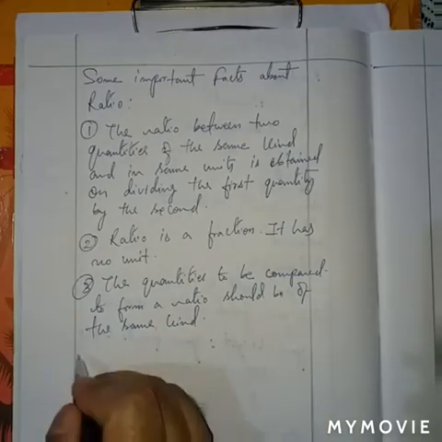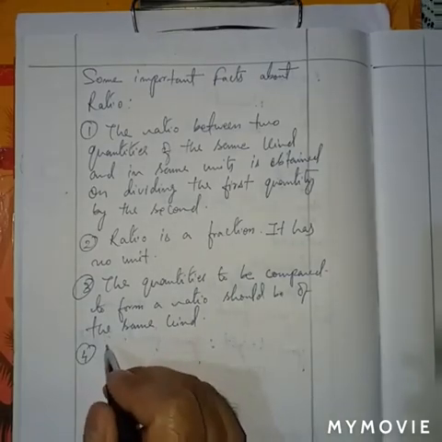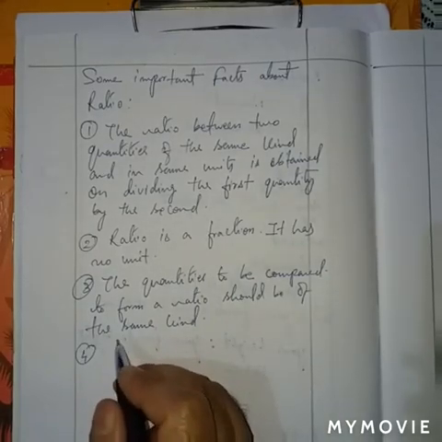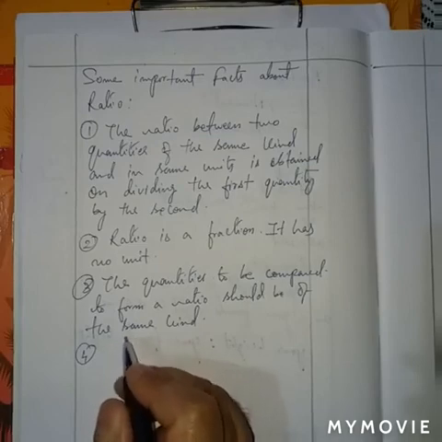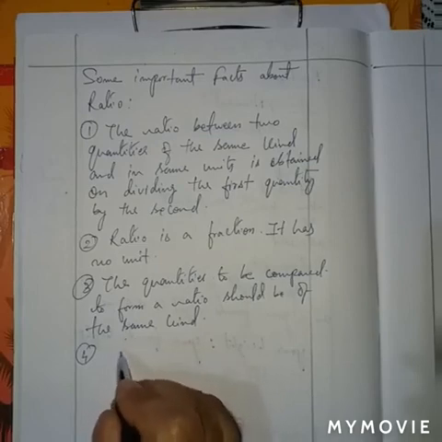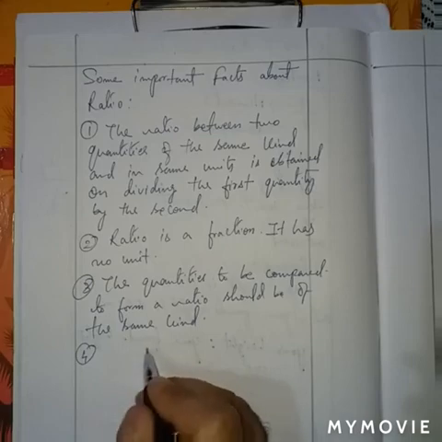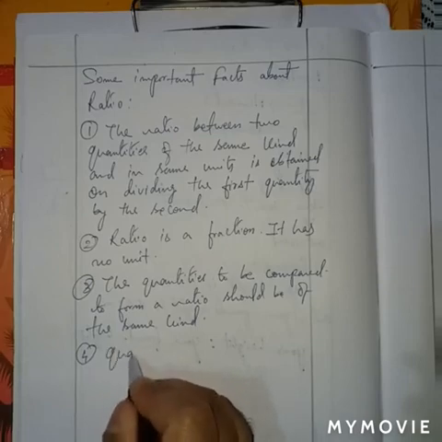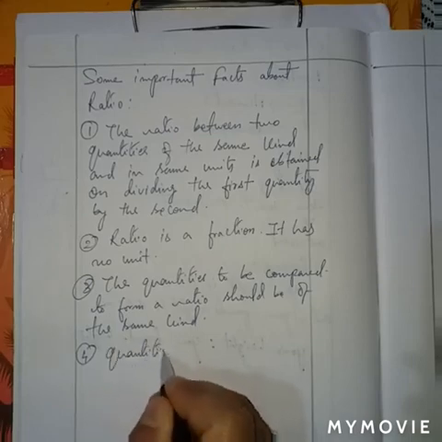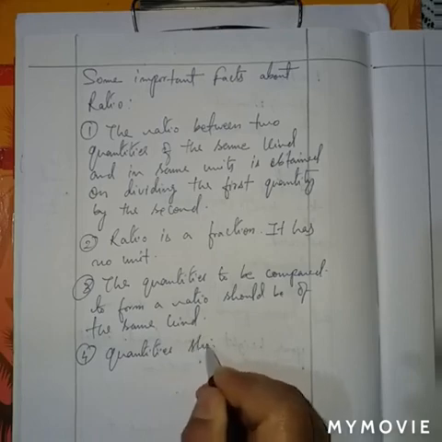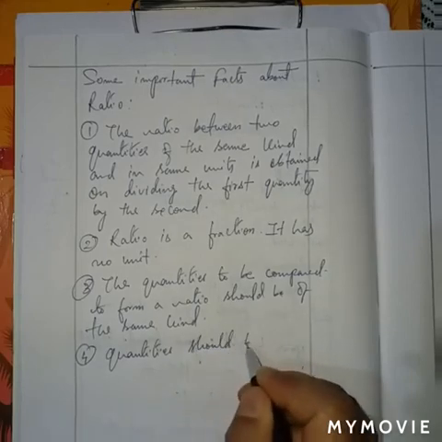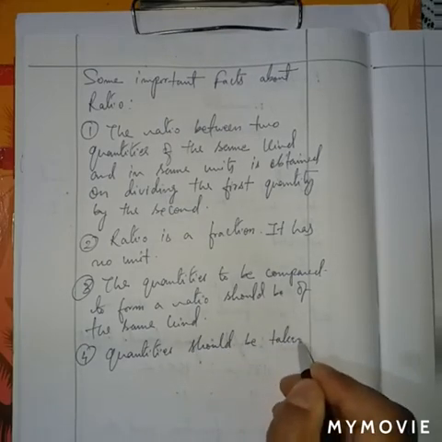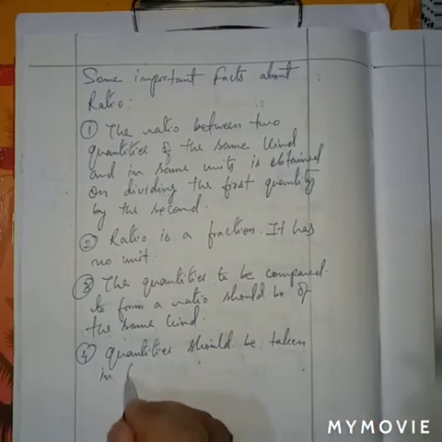Number four, to find a ratio between two quantities of the same kind, both the quantities should be taken in the same unit. So we can write, quantities should be taken in the same unit.